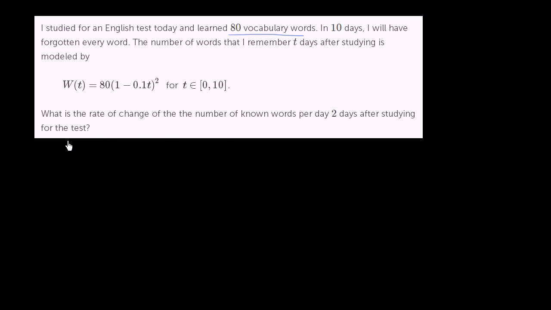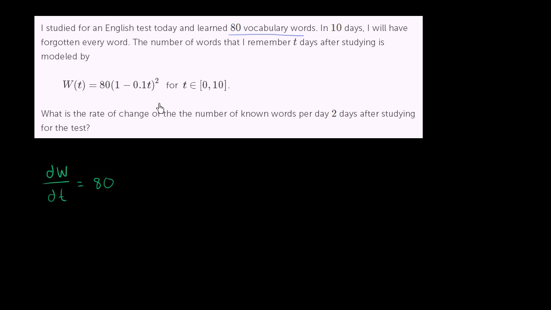Well, for the rate of change, I can take the derivative of this with respect to time. So let's take the derivative of the number of words I know with respect to time. We have this 80 out front, that's just a constant. And now I can apply the chain rule.